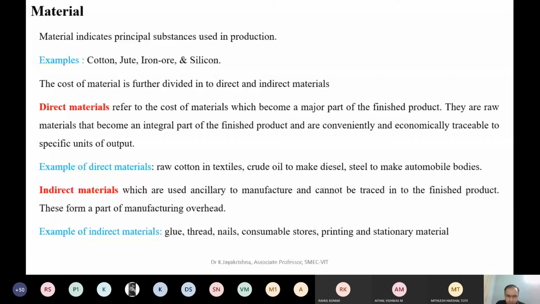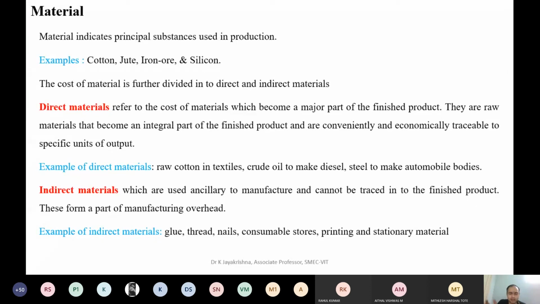Again, let's go back to the example of a restaurant. If I buy vegetables and groceries required for producing the food items, that is a direct material cost. If I'm buying other items like the utensils or the stove, they all come under indirect material cost.